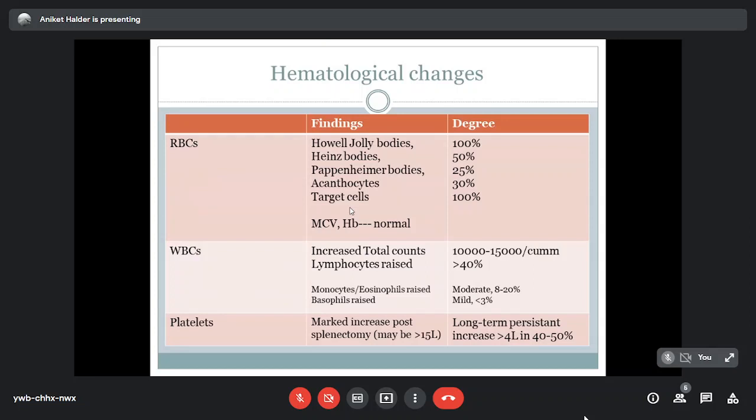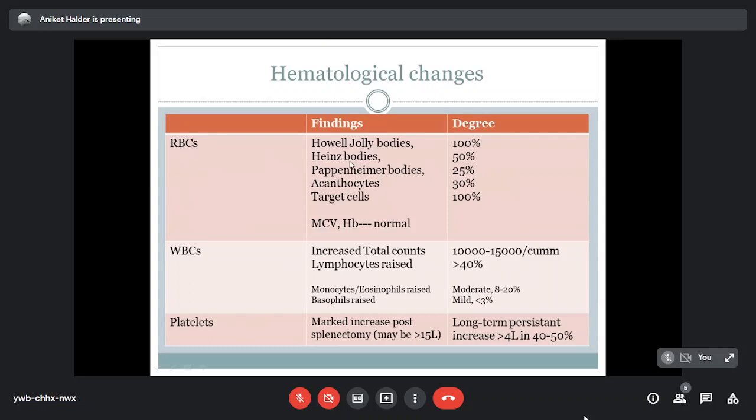So, hematological changes in hyposplenism and after splenectomy: in the RBCs, we will find different inclusions in the red cells. The Howell-Jolly bodies are the nuclear remnants present in the RBCs. They will be found in most individuals.